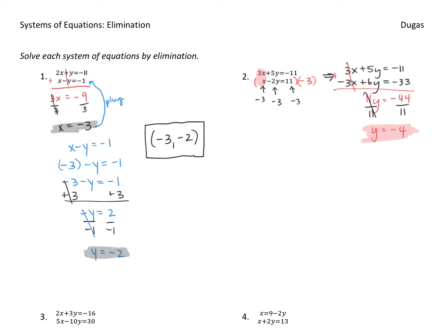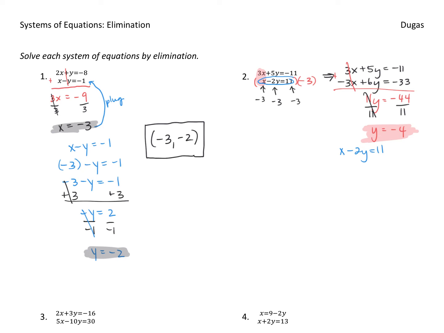Okay, now what? I need to find the x, right? So I'm going to take this y and plug it into one of the equations and solve. In my opinion, the second equation looks easier to use, so that's what I'm going to use. So x minus 2y equals, not -11, just 11.